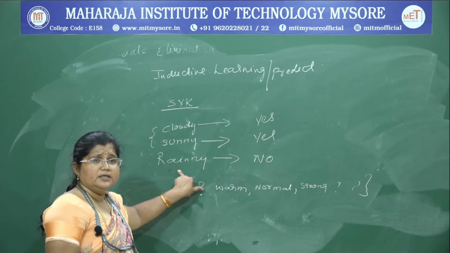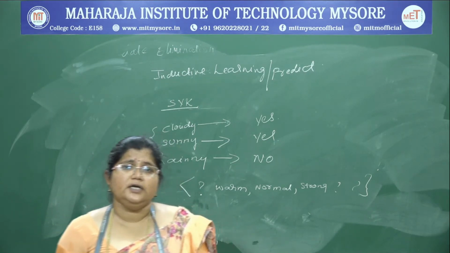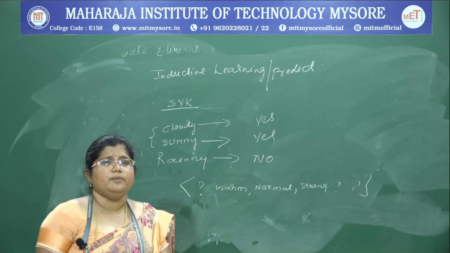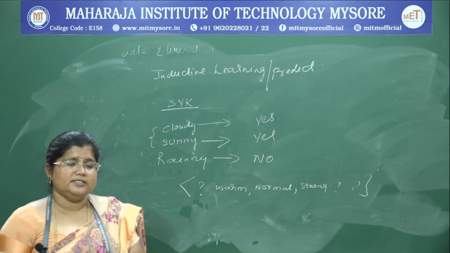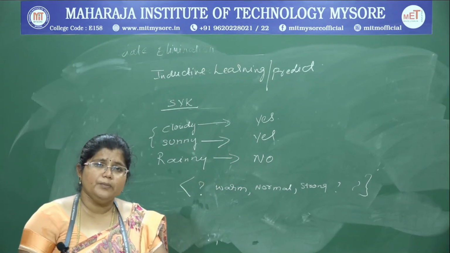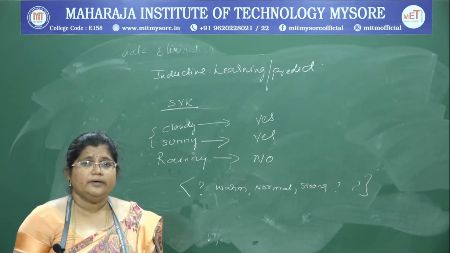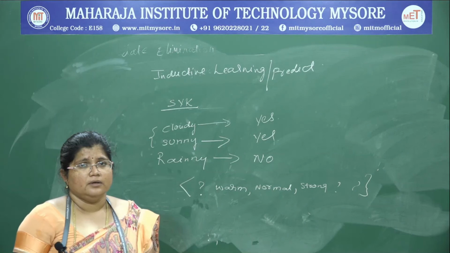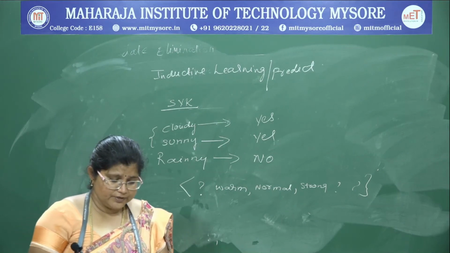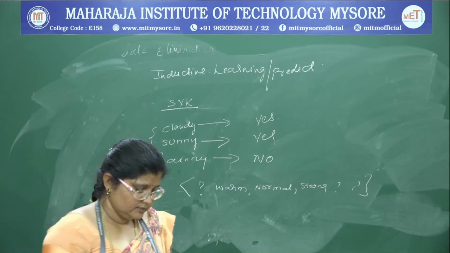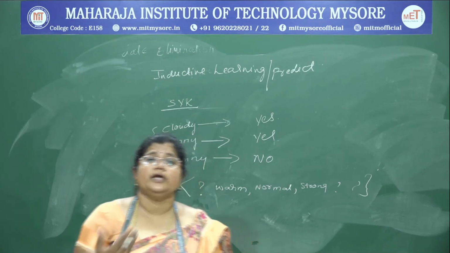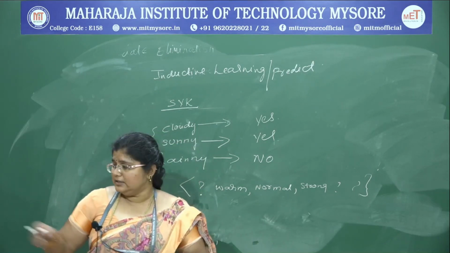So if it is rainy, the inductive learning drawback is that we should generate a hypothesis in such a way that it gives a proper result for the unobserved training example. For that reason, let us look at an unbiased learner, and how we can have one.